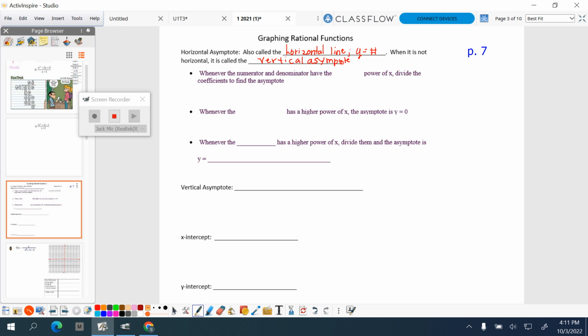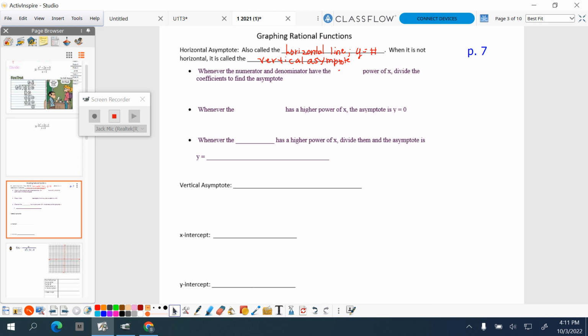So how do we figure out which one is which, right? Whenever the numerator and the denominator have the same power of x, let's make sure we got this, the same power of x, you could divide the coefficients to find the asymptote.